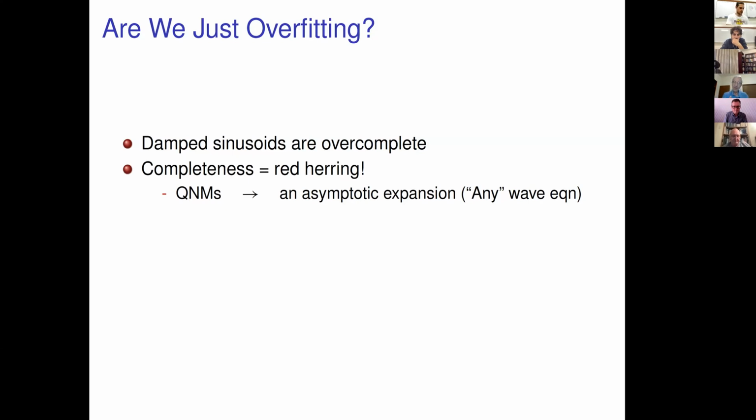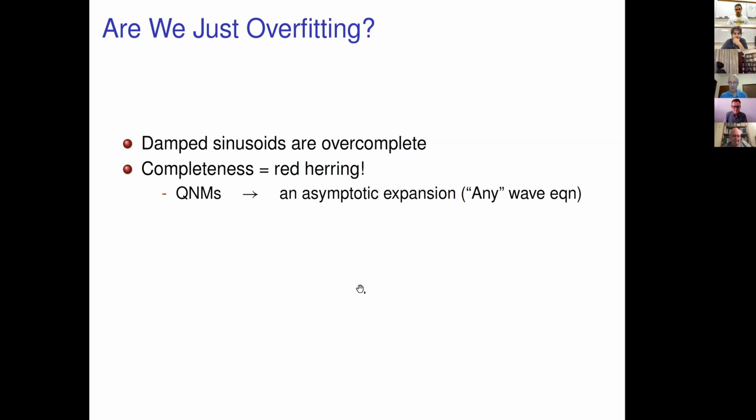If you look at it in frequency space, the poles in the lower half plane will correspond to the quasi-normal modes. So what we're really doing is not an expansion, we're doing a fit. We're taking our knowledge that there has to be an asymptotic expansion, and we're fitting for the residuals at the poles in the lower half plane.